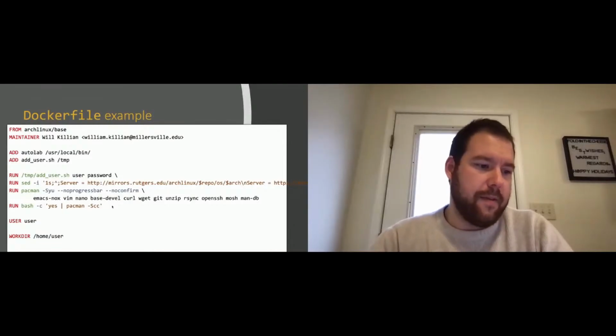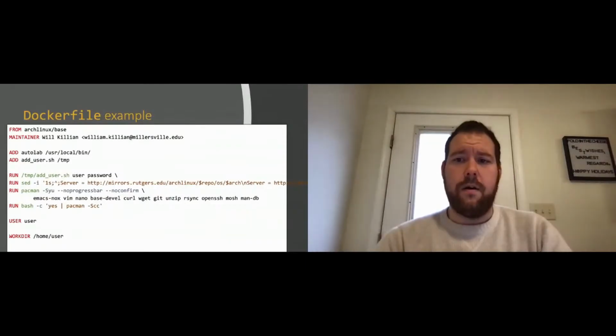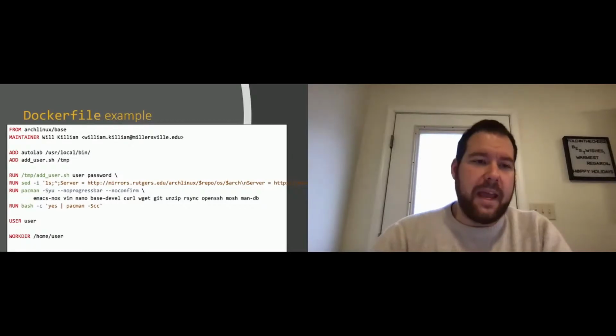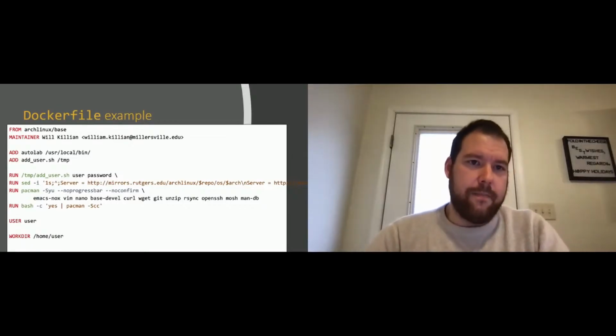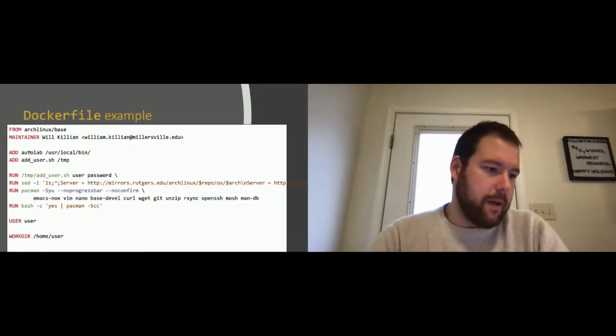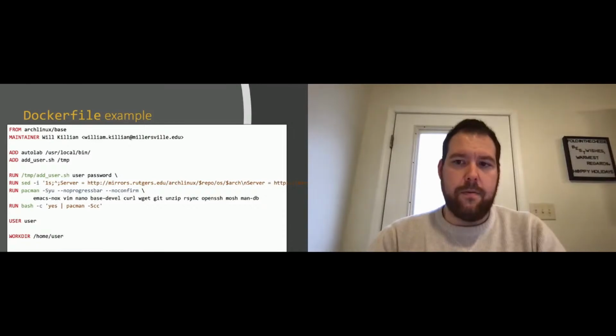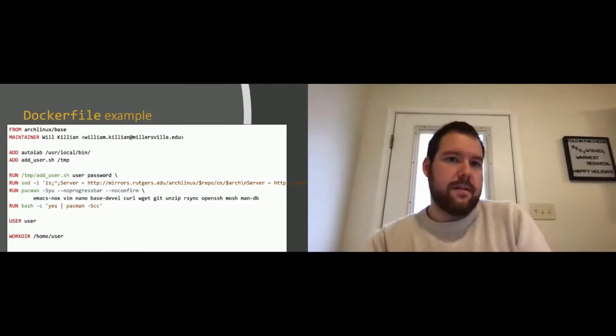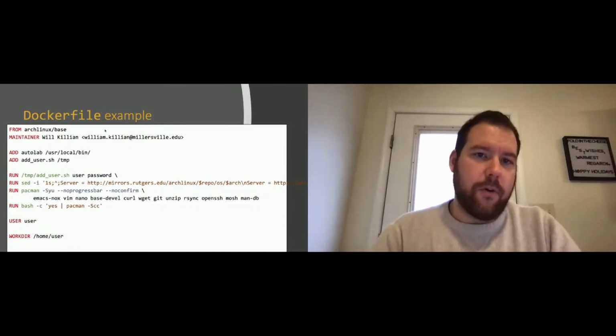So we don't need any of them. And then finally, we can switch the user to be the user account that we created and set the working directory for that user. So essentially, this provides a base Arch Linux distribution that also contains our AutoLab command line utility. And so we use this image as a base for all of our others.